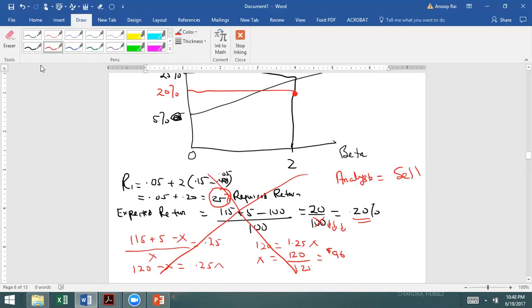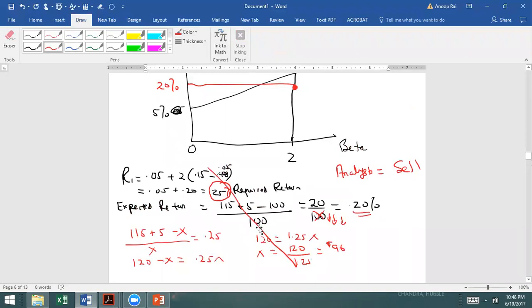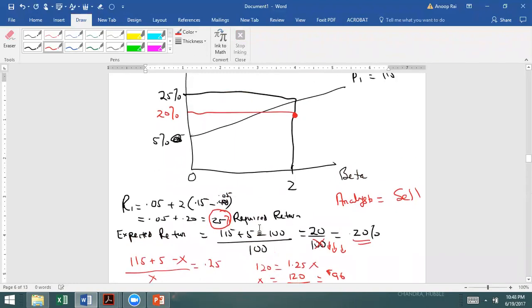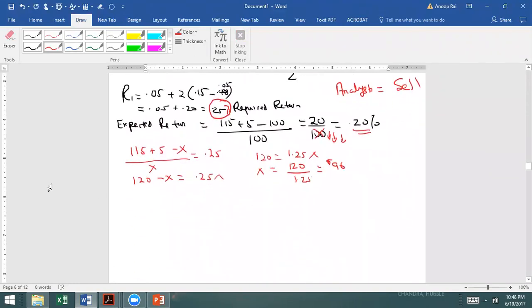Oh yeah. Shoot, I'm getting slow at my old age. Really, it's terrible. I was correct all along. 96 is the right price.